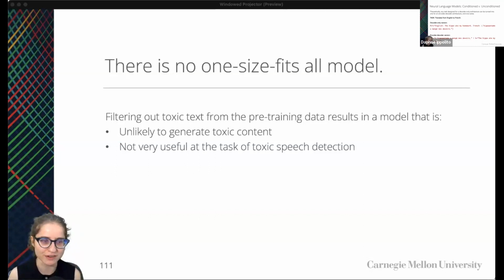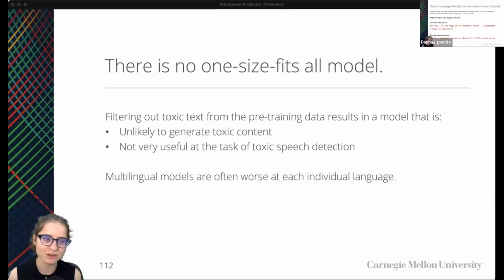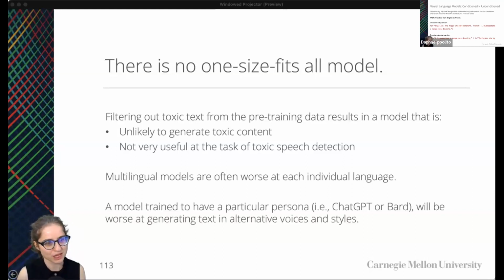And so there you have a trade-off. Or as another trade-off, multilingual models are often worse at each individual language than a model that's trained just on English or just on Chinese. Or as another example, a model trained to have a particular persona like ChatGPT or Bard is going to be worse at generating text in alternative voices and styles.